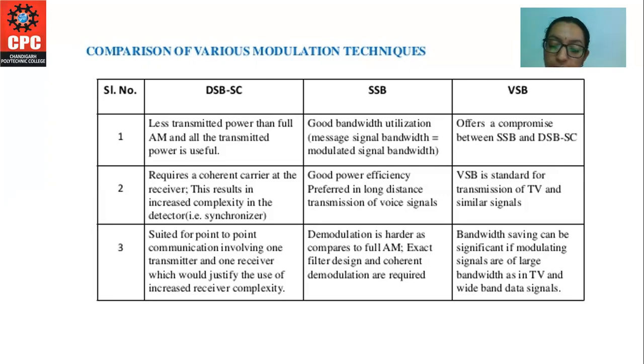In independent sideband transmission, both the original signals have audio range frequencies, whereas in the transmitted signal, each signal occupies a different group of frequencies in the spectrum.